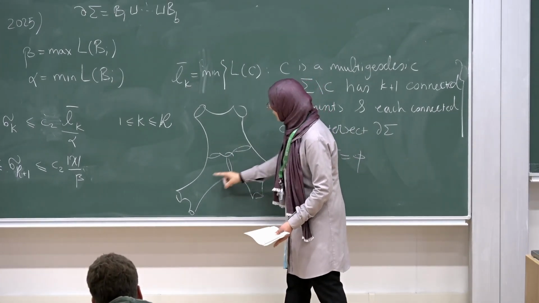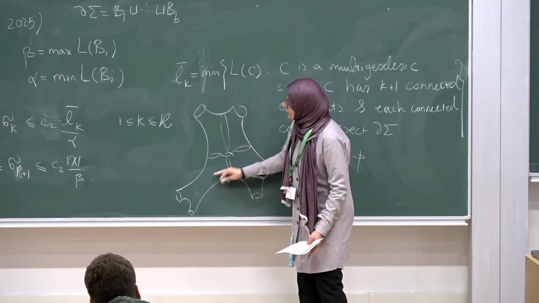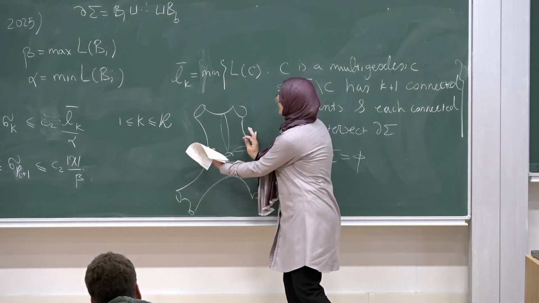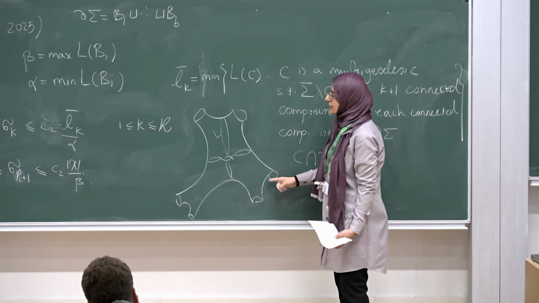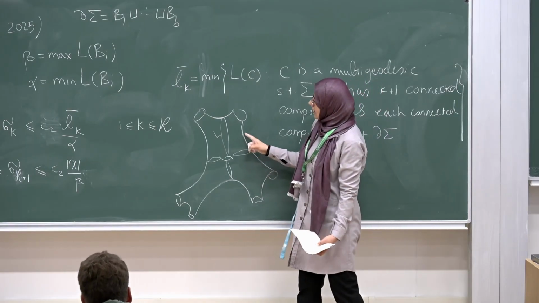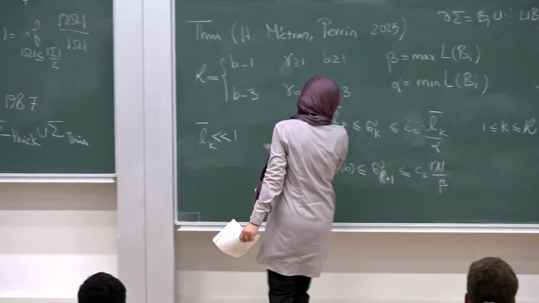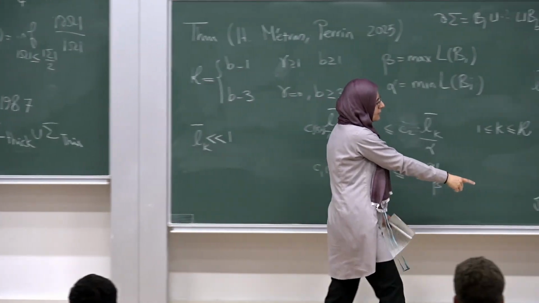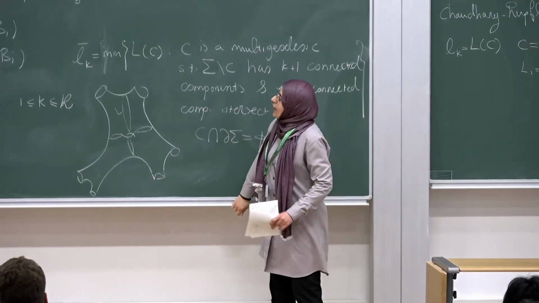If I want to have 4 pieces, you can convince yourself that I have to separate one of these 2 boundary components, and I can make this very long. So this length can go to infinity, and so even here I can go up to B minus 1, but beyond that L2, L3 can go to infinity.